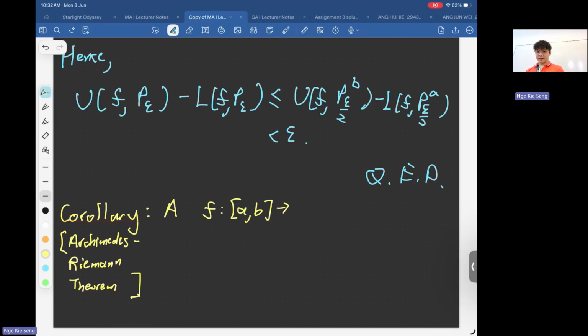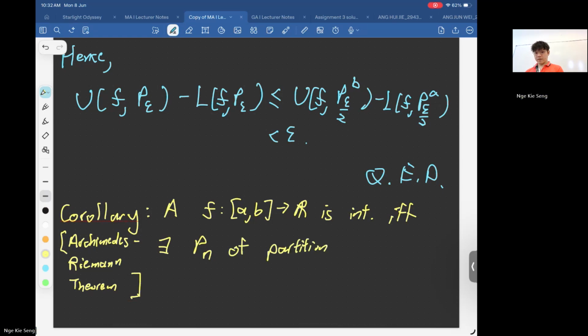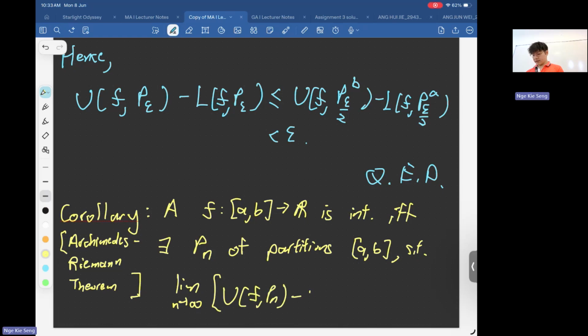So a function is integrable if and only if there exists a sequence of partitions Pn of AB such that when you take the limit as n goes to infinity, UFPn minus LFPn should be 0. So this proof is just a limit proof.